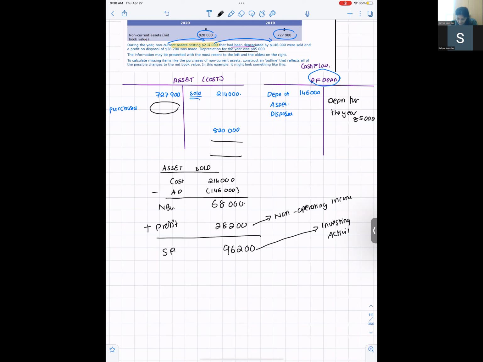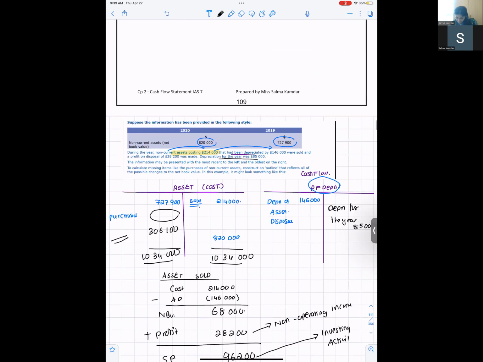So I will close this account. 820,000 plus 214,000 gives me 1,034,000. 1,034,000 minus 727,900, so I will get 306,100. This is the asset that I have purchased.